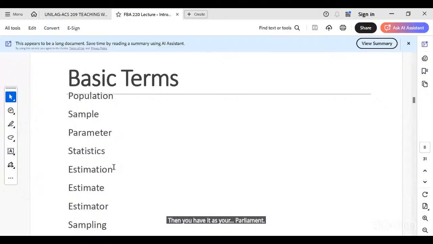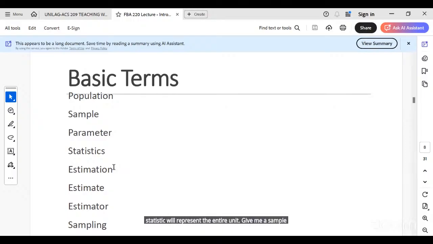The next is statistic. A statistic is a function of the units in a sample. Just as we have sample that is a fractional part of a population, and our parameter represents the entire unit in the population, statistic will represent the entire unit in a sample.